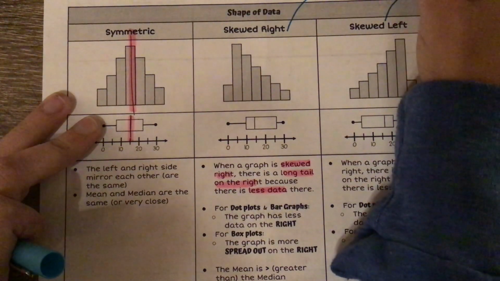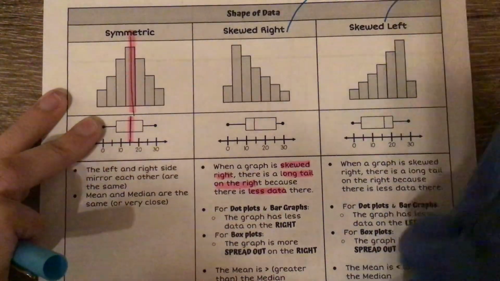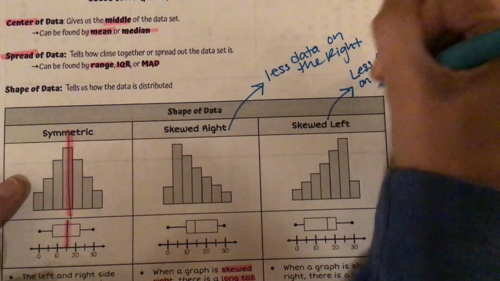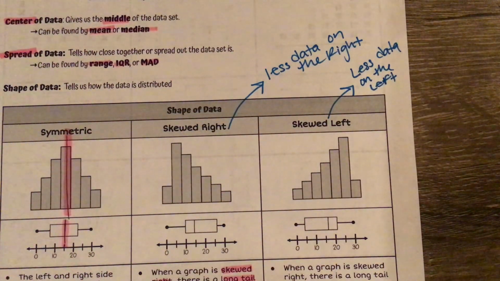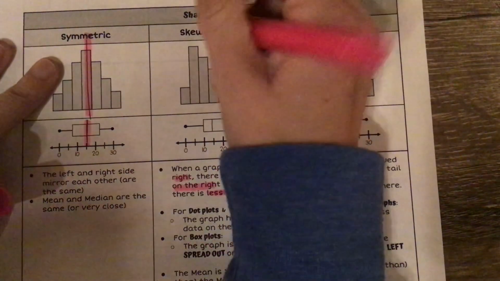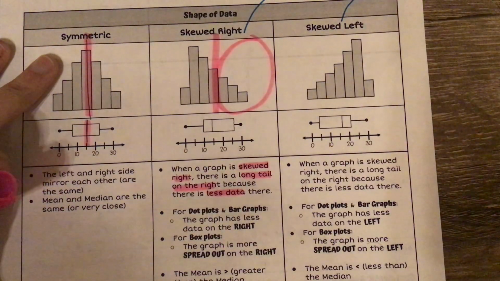For skewed left, less data on the left. Okay, so for skewed right, if we're splitting this in half, there's less data on the right.